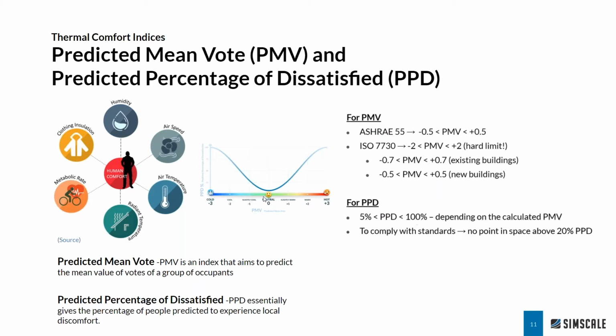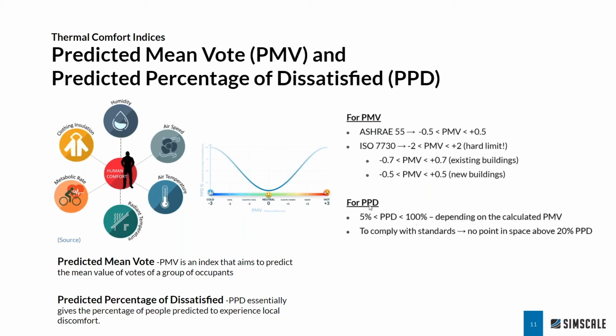Looking at the graph, you can see this is somewhere around the neutral region where the occupants feel really comfortable. And anything beyond these limits will make the thermal comfort worse, or the occupants will face a local discomfort because of the temperature and also other factors included here on the left.